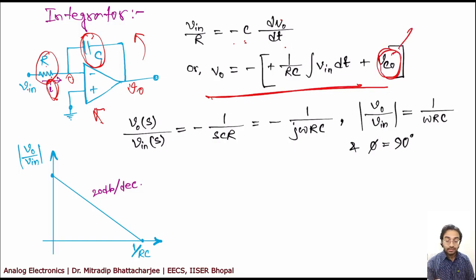What does that mean physically? That means if your capacitor is not completely discharged, you will find some voltage VCO. So to make this term equal to 0, you have to make sure your capacitor is completely discharged. For example, say you are using this integrator for a long time, and then for the next cycle you did not discharge your capacitor, then you will find this constant.